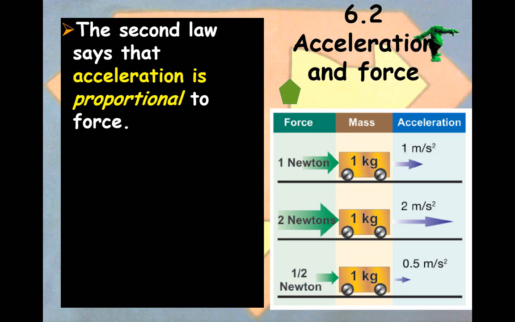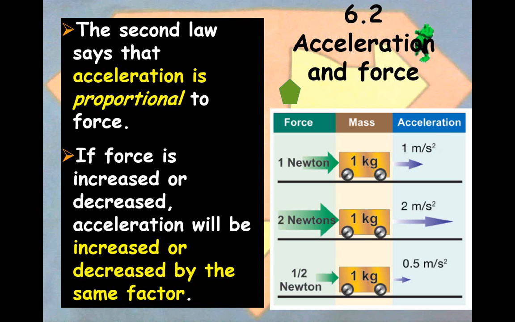So the change in how fast it's moving is proportional to how much you put behind it. If a force is increased or decreased, acceleration will be increased or decreased by the same factor. If you push harder, it'll change faster. That's what it's saying.